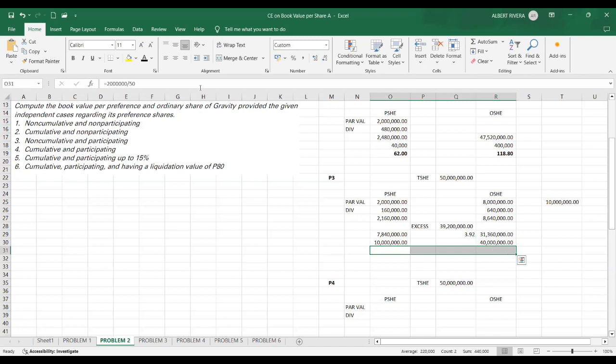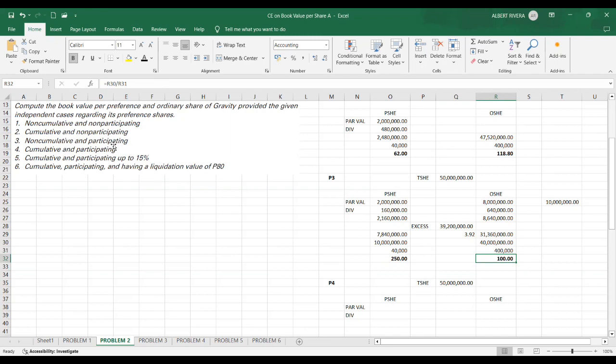Divided by the number of shares outstanding, which are 40,000 for preference and 400,000 for ordinary. So this would account for the book value per preference. This is 10 million divided by 40,000. This is 250. While 40 million divided by 400,000, this would be 100. Okay? That is item 3.